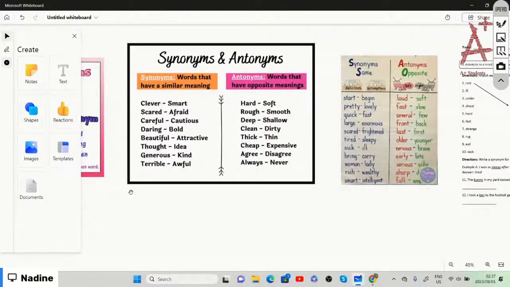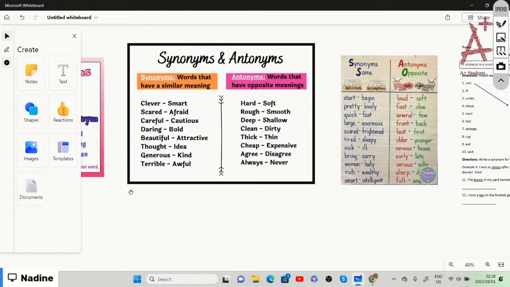And there we have a few synonyms, which is clever. Another word for clever is smart. Another word for scared is afraid. Careful and cautious. Daring and bold, like be daring, be bold. Beautiful, which is attractive. Thought, idea. Generous, kind. Terrible, awful. And then we have antonyms, right?